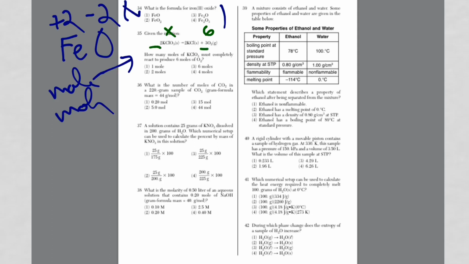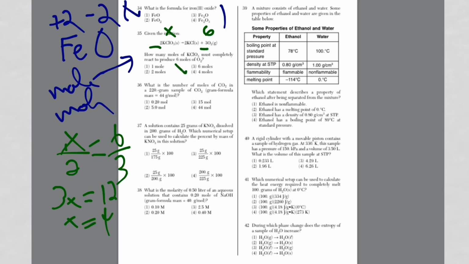It's a 2 to 3 ratio. In other words, x over 2 is equal to 6 over 3. Solve for x. 3x is equal to 12. X is equal to 4. You're going to divide both sides by 3, so the answer is choice 4.